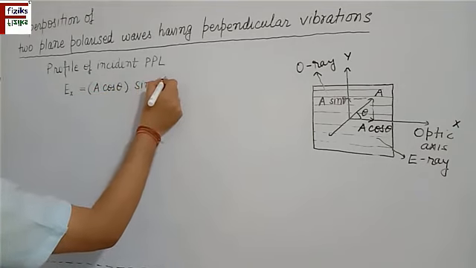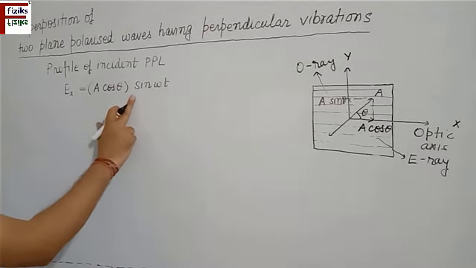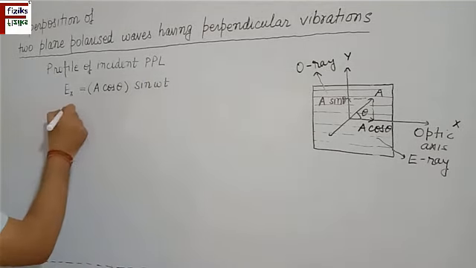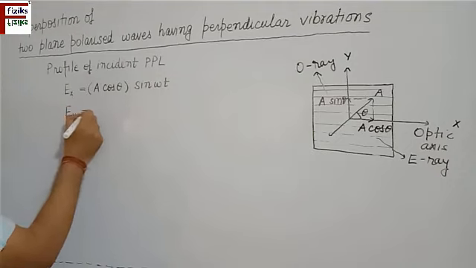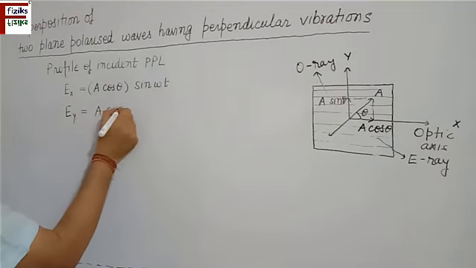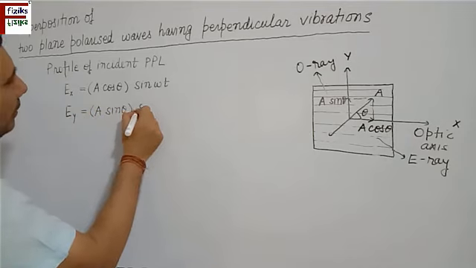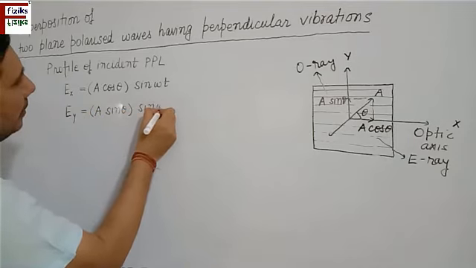Omega is the angular frequency. So this is the x component of the plane polarized light that is incident. Now the perpendicular component Ey, its amplitude is A sin theta, and here this will be sin omega t.